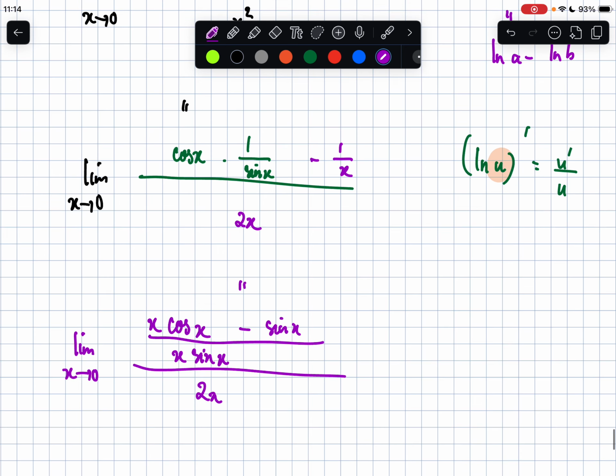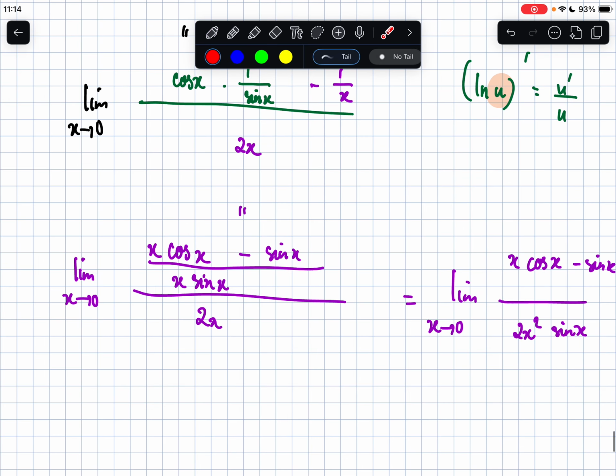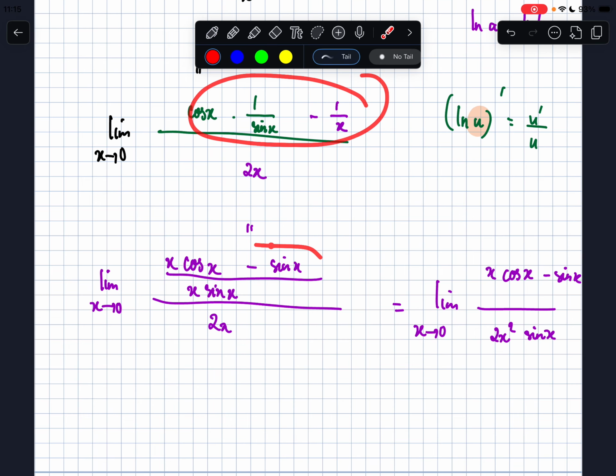And then you have limit x to 0, x times cosine x minus sin x, over 2 times x squared times sin x. I hope you understand this step. It's just computation here. Rewrite this one as this.